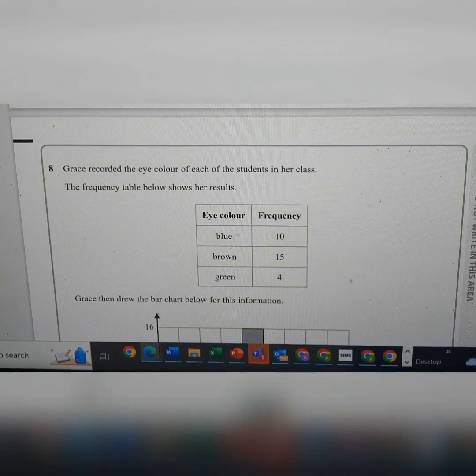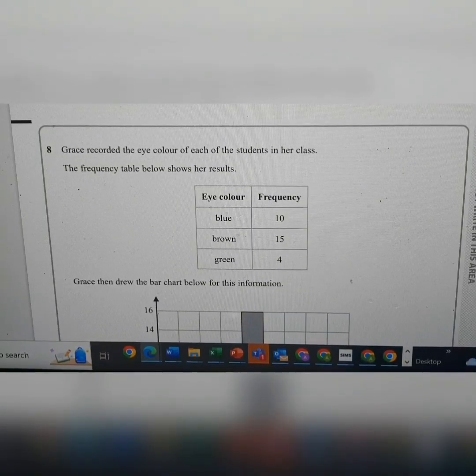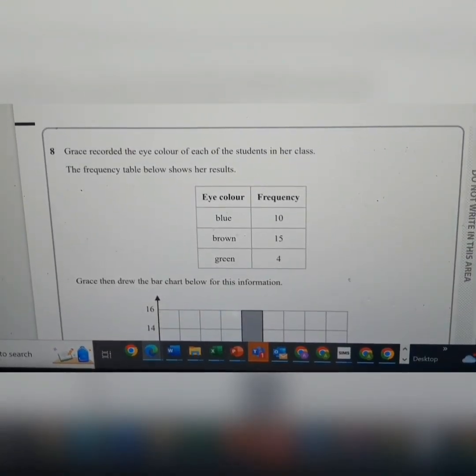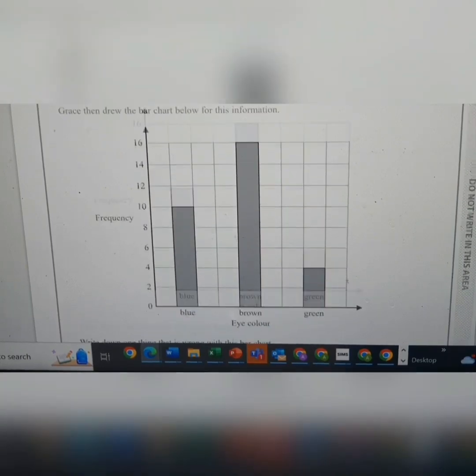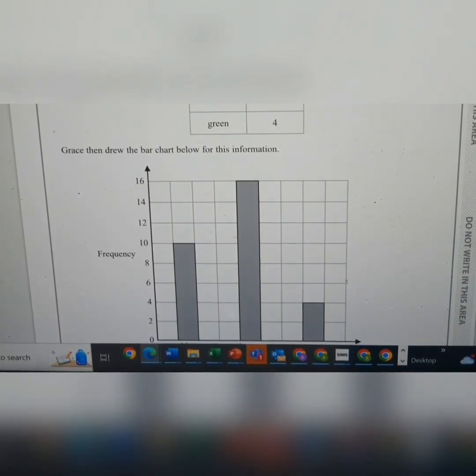Next question. Grace recorded the eye colour of each of the students in her class. The frequency table below shows her results. So looking at the bar chart and compare it to what she has.